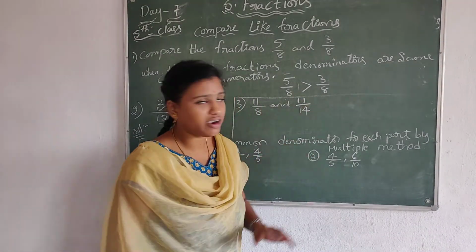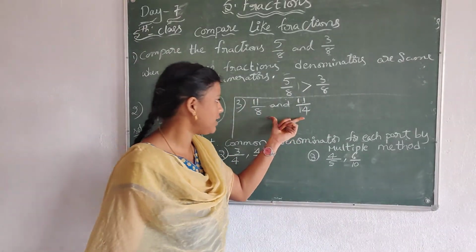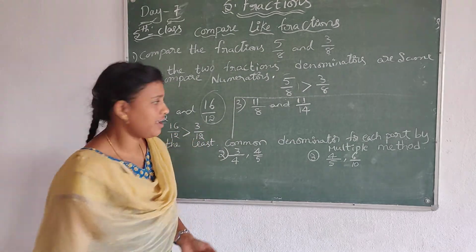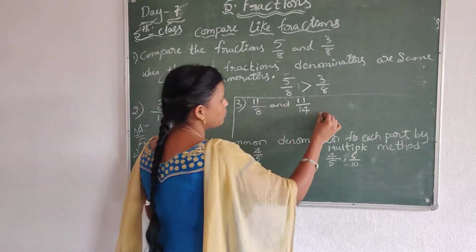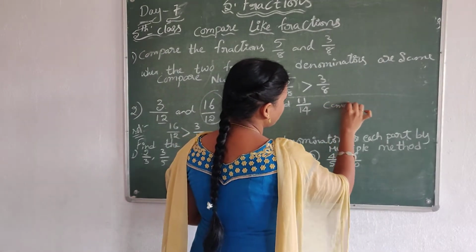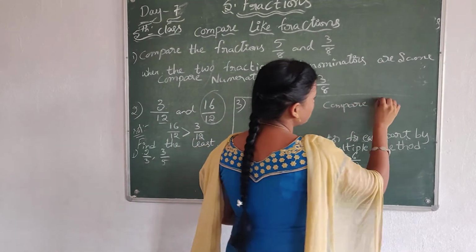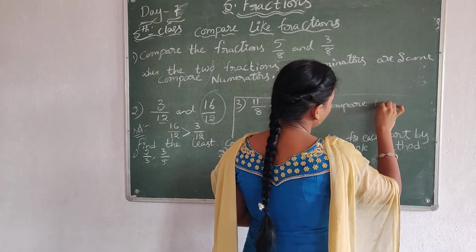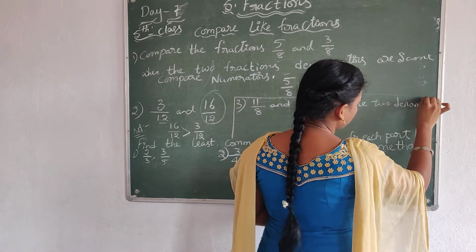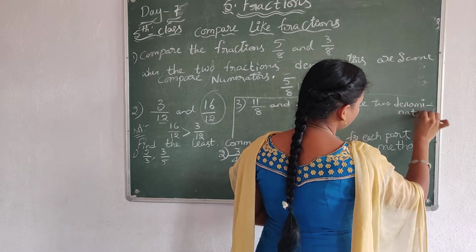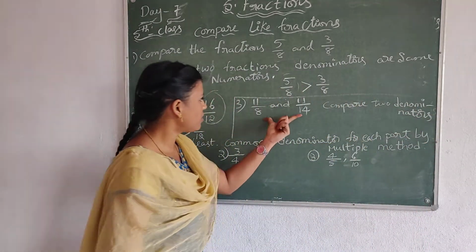When two numerators are same, compare the denominators and see which is big and which is small. Compare the two denominators. See here, what are the denominators?